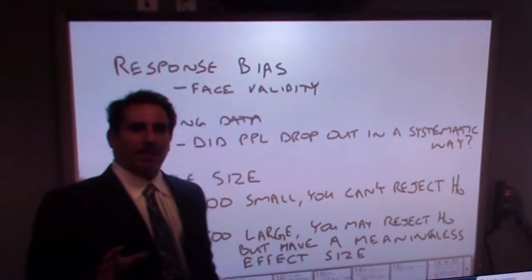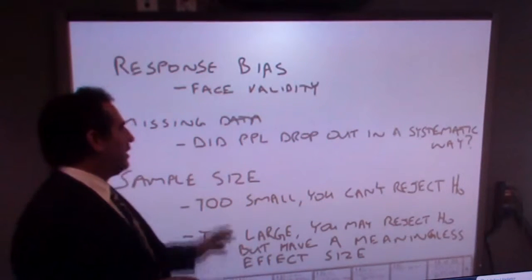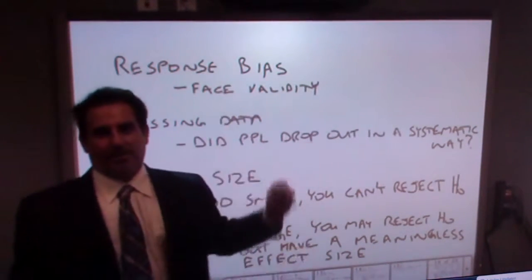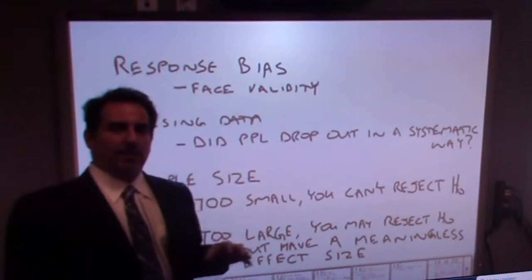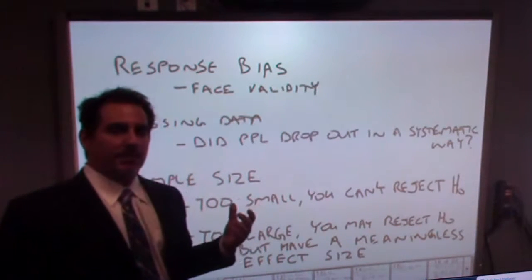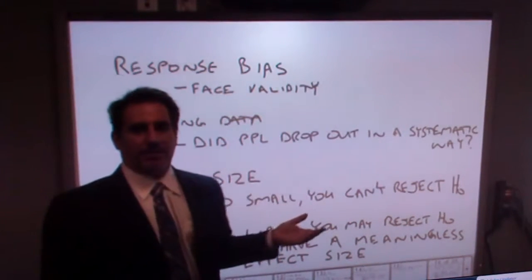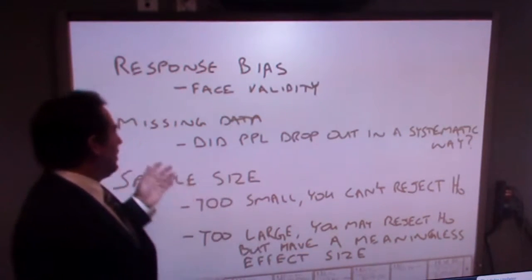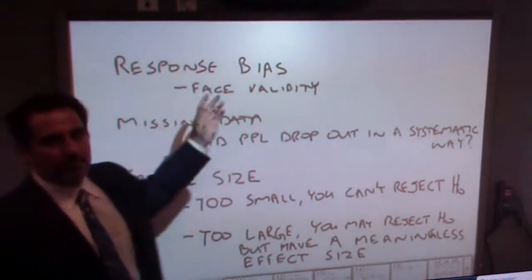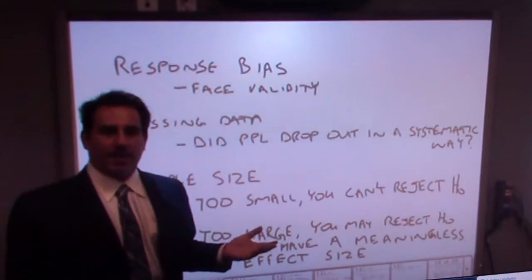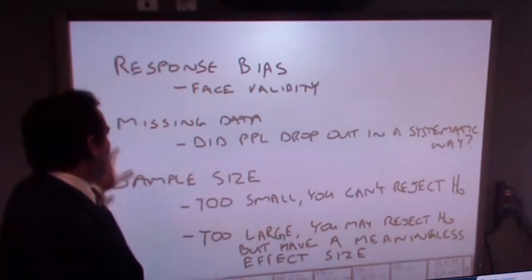And so the best studies figure out ways to avoid response bias, and one of them is to use measures that are not face valid. If you recall my earlier description of face validity, it's harder for response bias to come out when there's no face validity. Another way to control for response bias is to have a blind or a double-blind experiment.